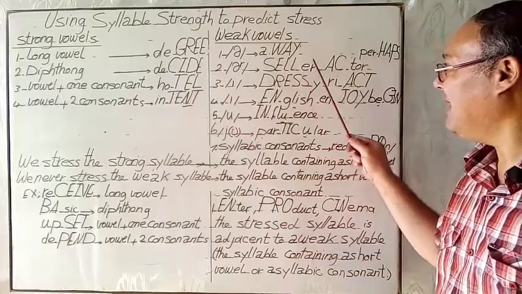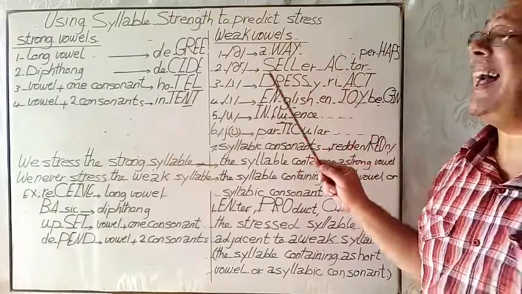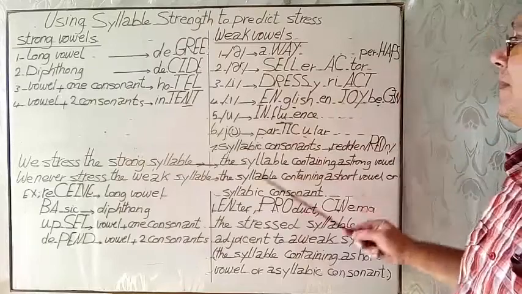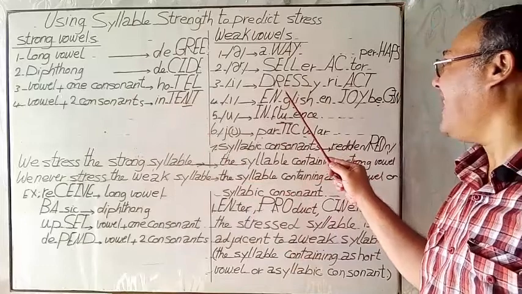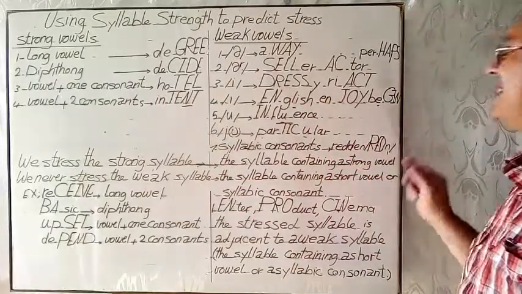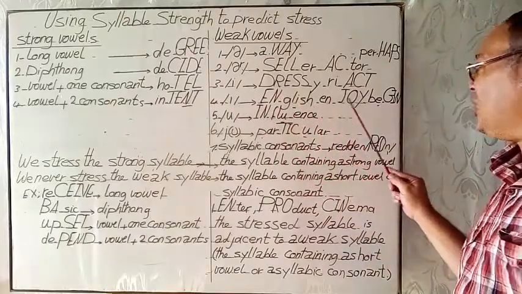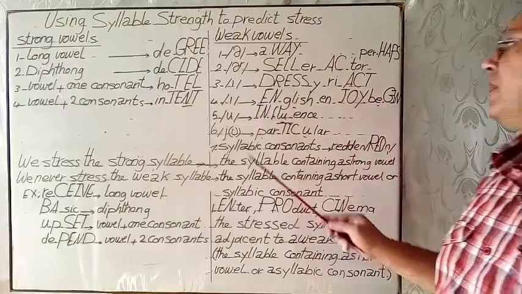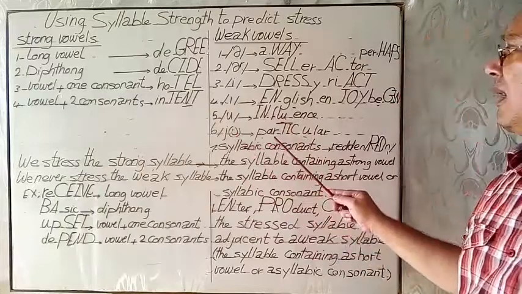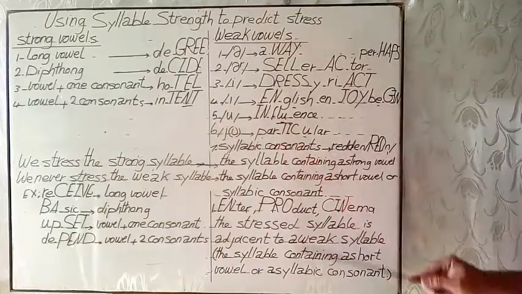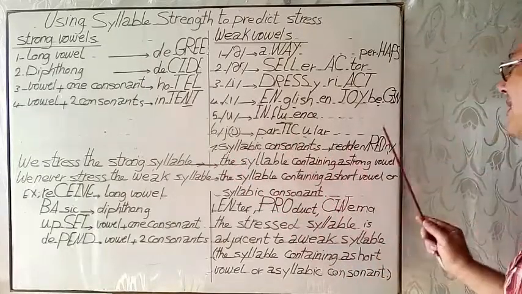So here, any vowel plus final R. Perhaps, react, English, enjoy, begin, influence, particular. Syllabic consonants, widen.